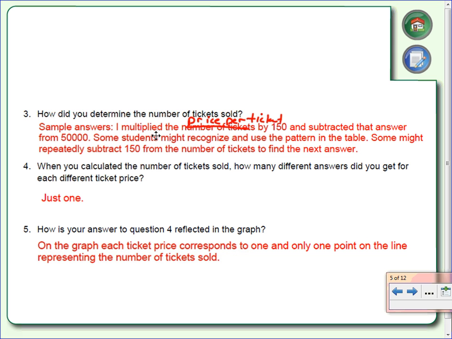Of course, the key part being here, one and only one.